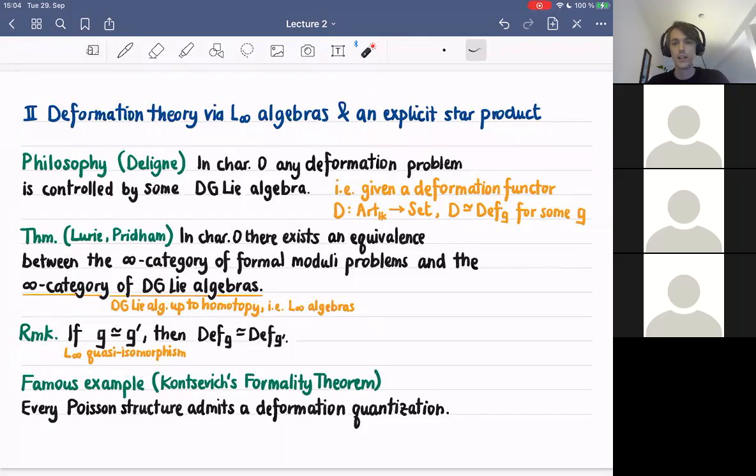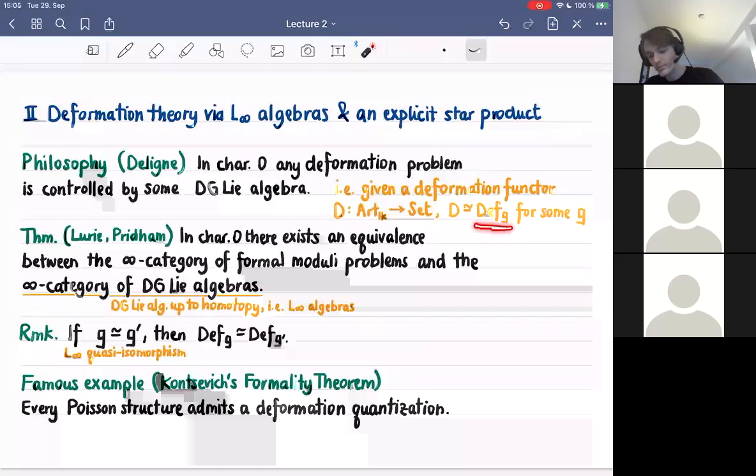And so this means that given some deformation functor, this deformation functor is isomorphic to the deformation functor you can associate to some DG Lie algebra.